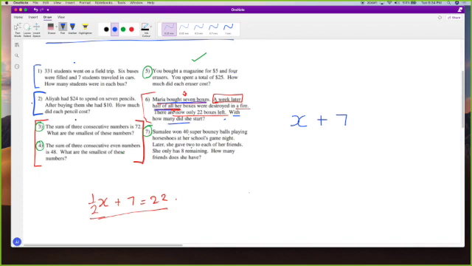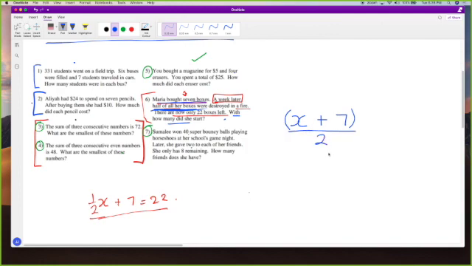Then half of all, so this is all the boxes she had, which is the amount of boxes that she started with plus the 7 that she bought. Half of all were destroyed in a fire, which means now she only has half the amount left.